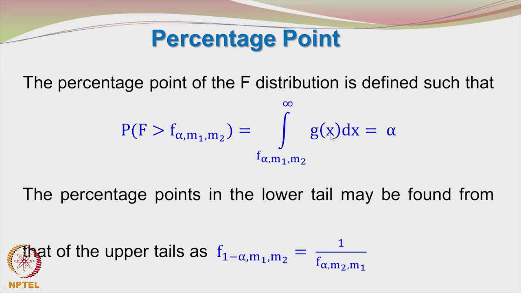We integrate between the limits F alpha M1 comma M2 to infinity, and we have to identify the value of F alpha M1 M2 such that the area under the curve is equal to alpha, the required probability. There is another interesting mathematical manipulation here, which I will leave you to go through.